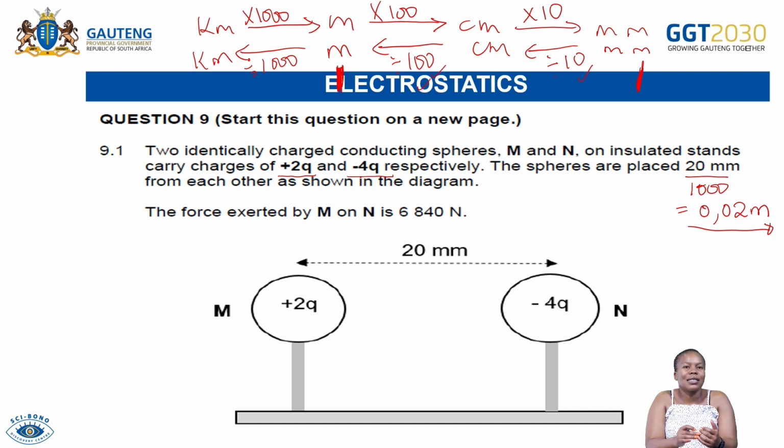The force exerted by M on N is 6,840 newtons. So this is the force, because they told us the force exerted by M on N is 6,840. Then they gave us a nice diagrammatic representation so that we are able to view what we are speaking about.